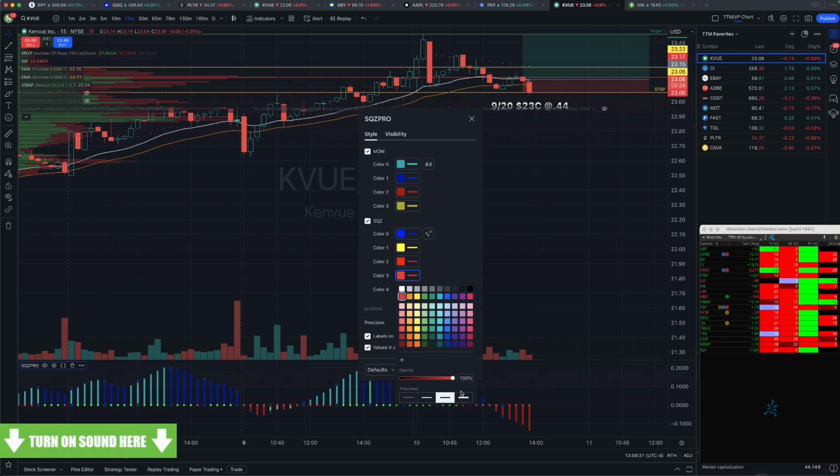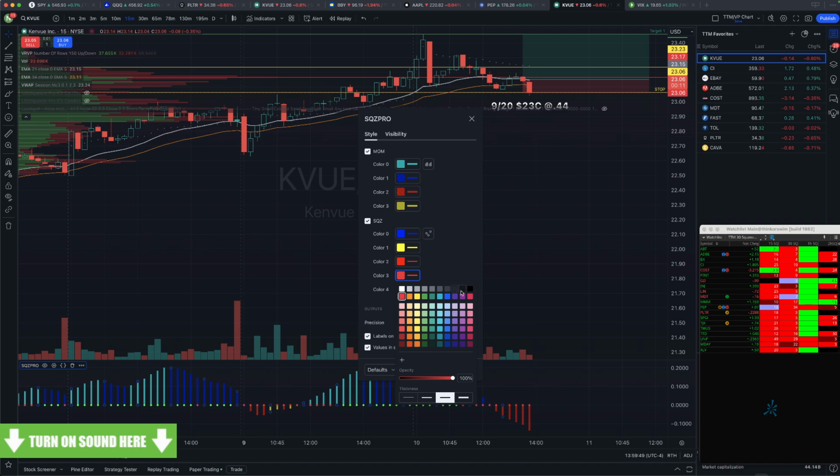Does anybody else see that firing short? Is it my settings that are a little off? Oh yeah, it's a squeeze. That's a squeeze pro. So it's still valid. It's just a different squeeze pro.